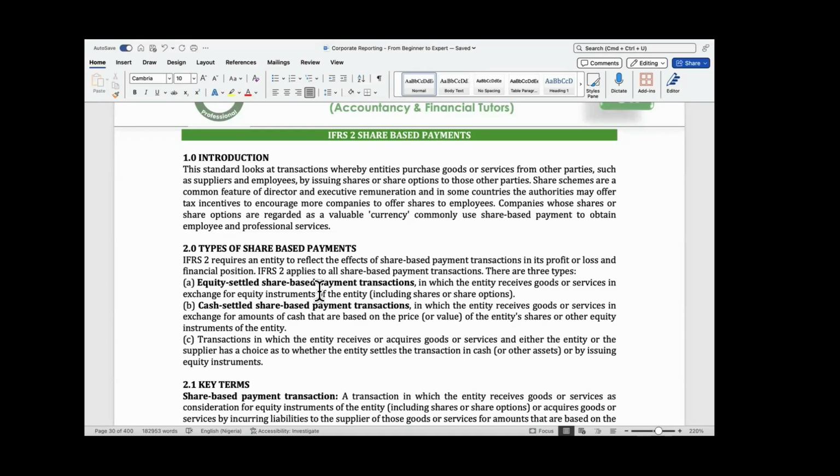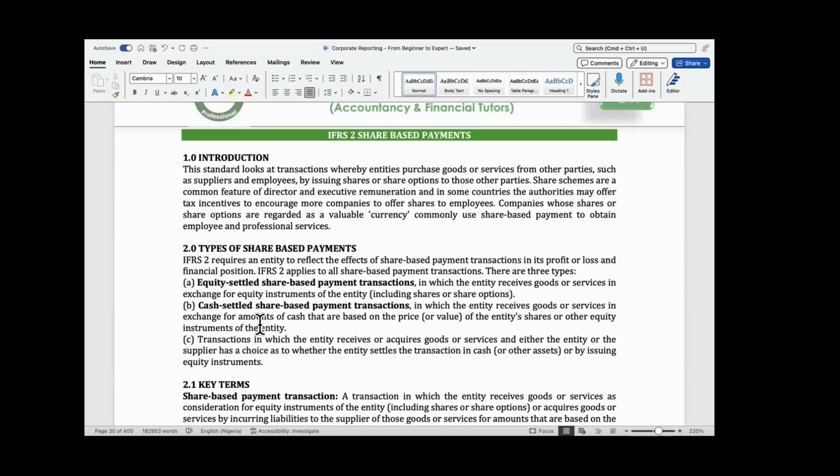I told you that the equity settled is one in which the entity receives goods and in return, they pay with their shares or share options. While the cash settled is the one in which the entity receives goods and in exchange for that, they promise to pay cash.